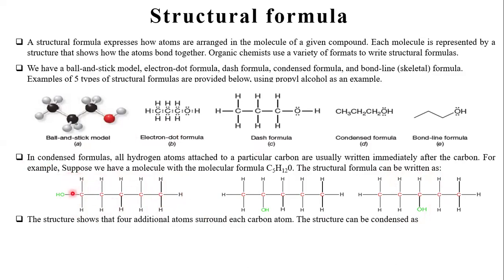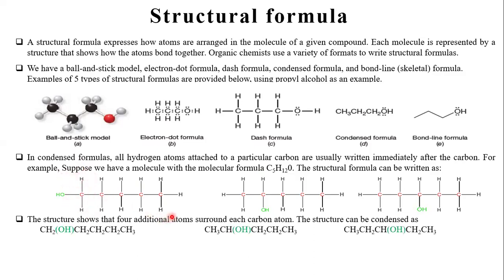The first one has OH on the first carbon, the second structure has OH on the second carbon, and the third structure has OH on the third carbon. The structure shows that 4 additional atoms surround each carbon atom. So if you look at these carbon atoms, each has 4 bonds: 1, 2, 3, 4. Carbon is supposed to have 4 bonds.